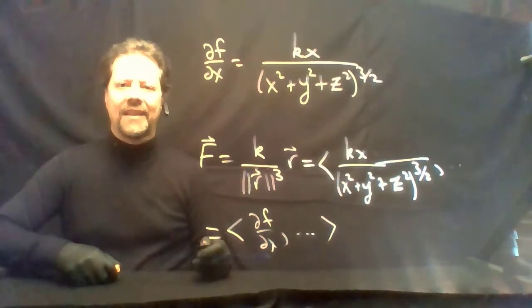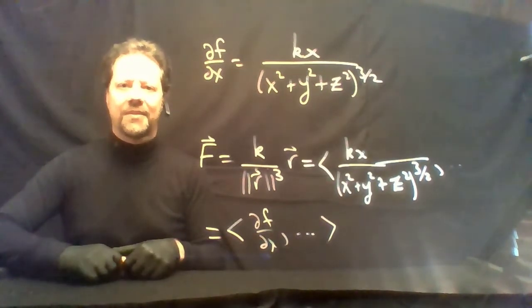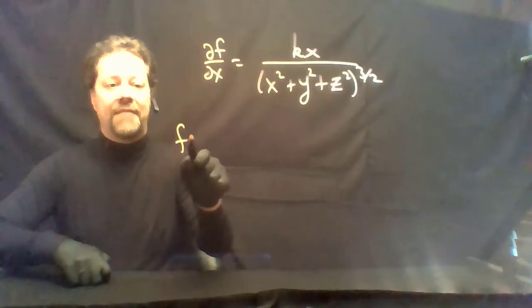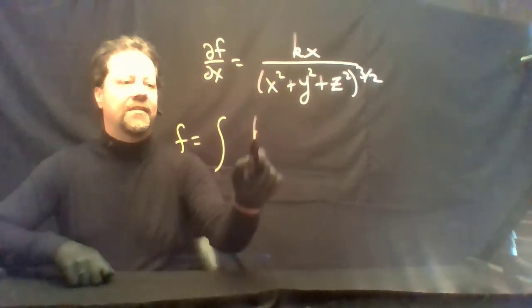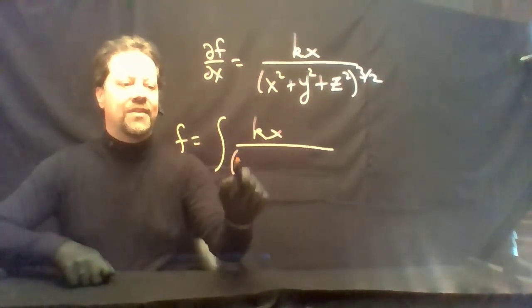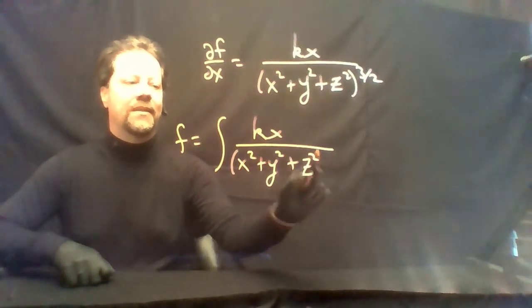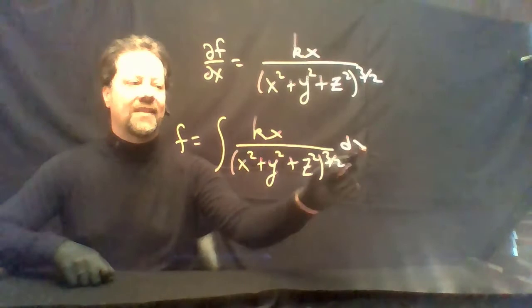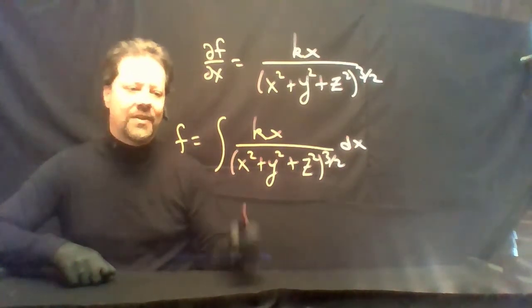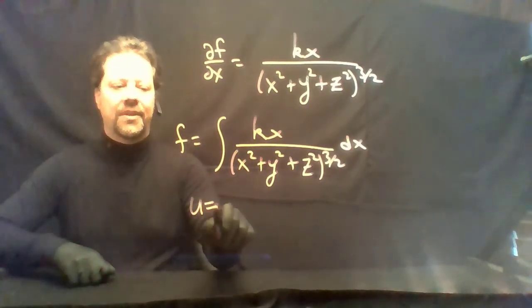Can we integrate this and figure out the scalar potential? We must in fact have f is the integral of kx over x squared plus y squared plus z squared to the 3/2 dx. This requires, of course, a substitution.